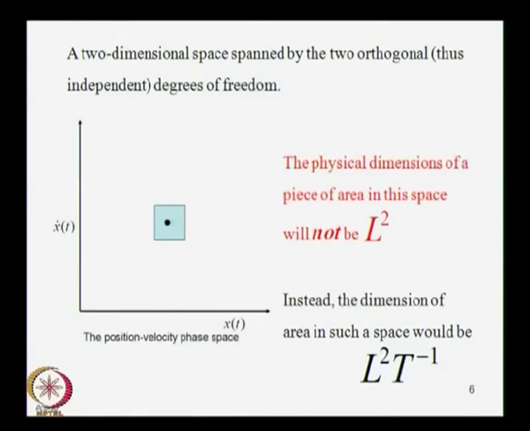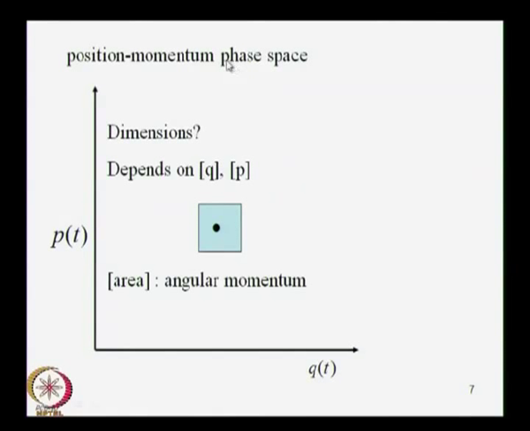The reason of course is that you can also specify the state of a mechanical system by a point by giving its position q and the momentum p. So, you plot q along the x axis and the momentum along the y axis, and q and p give you the state of the mechanical system. So, it is a point in a phase space.